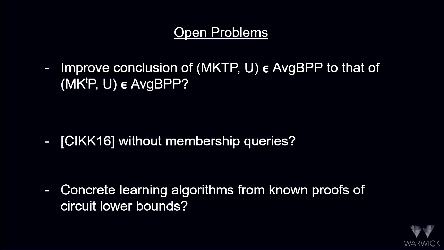But one of the really nice things about that work is that they're able to take the general framework of natural properties implies learning and apply it to a known natural circuit lower bound for AC0 with mod P gates. And thus, they get a concrete, unconditional learning algorithm for that circuit class.